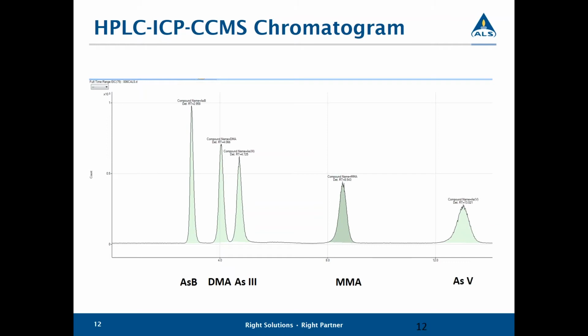And all these species we were able to detect at a detection limit of 1 microgram per liter in urine. So that gave us plenty of room in summing those to make sure we're below the action level of 17 micrograms per liter, and also the exposure level of 35.